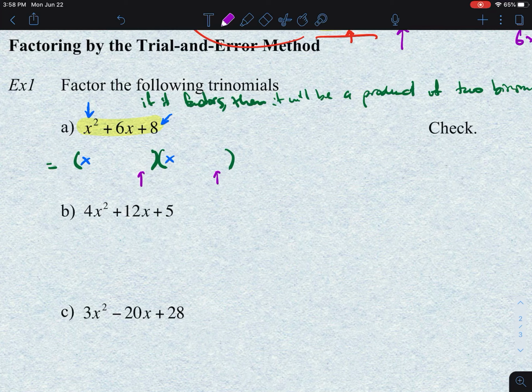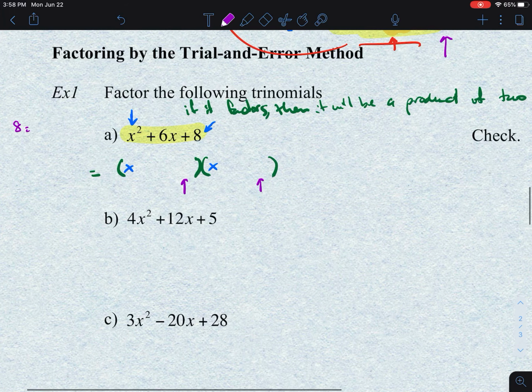We can think of 8 as 8 times 1, or 4 times 2, or 2 times 4, or negative 2 times negative 4. So there's more than one possible pair of factors that multiply to get 8. But what goes there is determined by the middle term, so we have to keep an open mind. If I try 8 and 1, that gives me 8, but when I do the FOILing in my head, I don't get 6x.